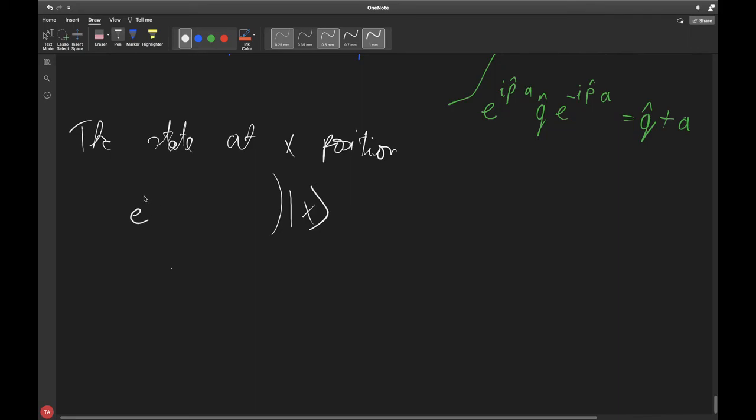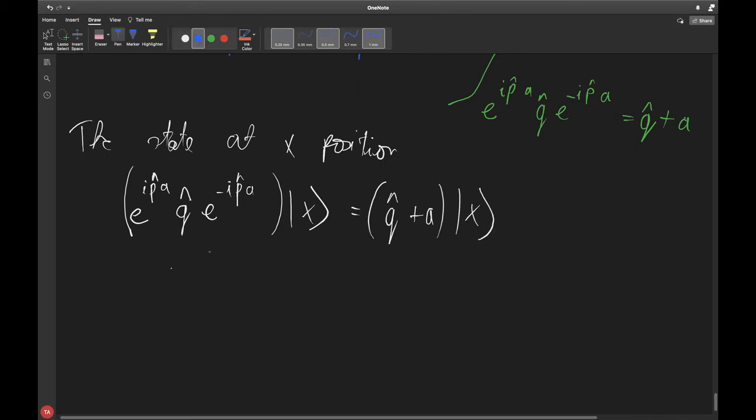So that was the exponential of i P operator a, the Q operator, and the e to the minus i P a. So this will lead to saying that this is Q plus a, based on what we learned here, acting on the x state.